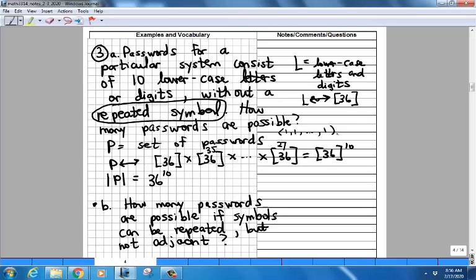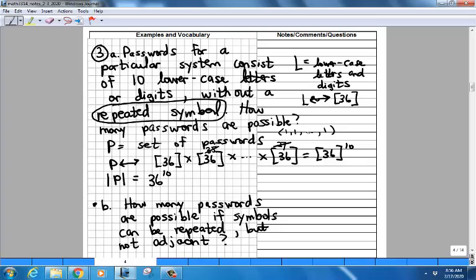So let's not go down that road. I had a different idea. Another set model you could come up with is, don't forget about complements. We want words without a repeated symbol, so that would be the complement of words that have a repeated symbol.